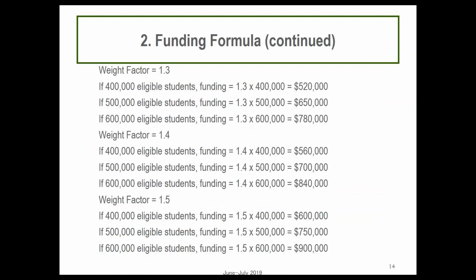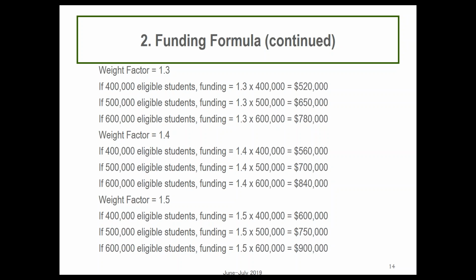And then on the next slide is an example of, or shows you what the 1.3 weight factor currently being used, what those calculations are if we were to use the 400 students, 500 students, 600 students times the 1.3, and gives you those numbers out to the right.